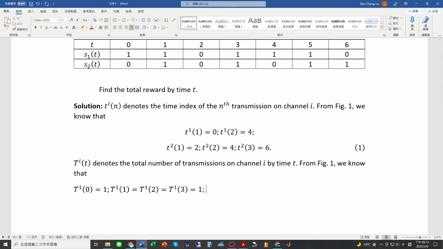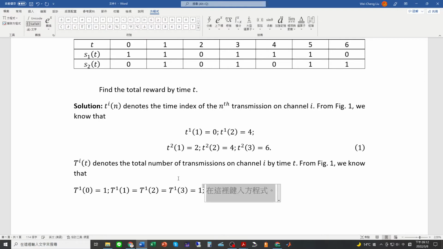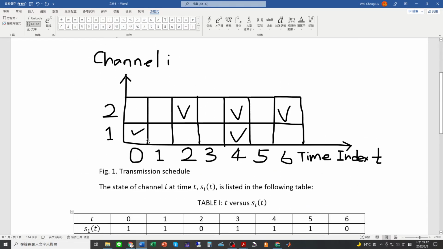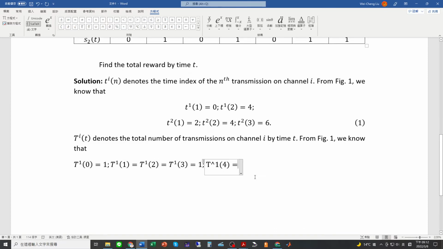Next we want to find T1 of 4. On channel 1, by time 4, we have two transmissions in total. So this is equal to 2.